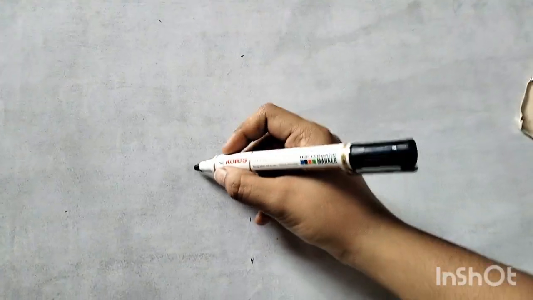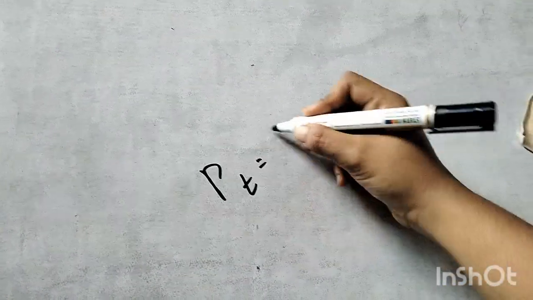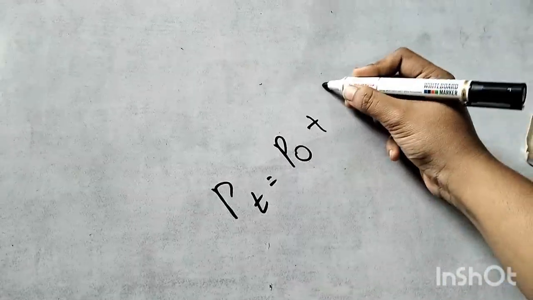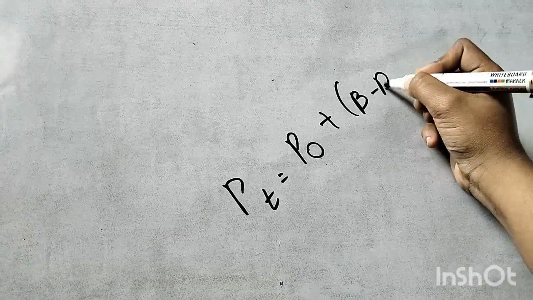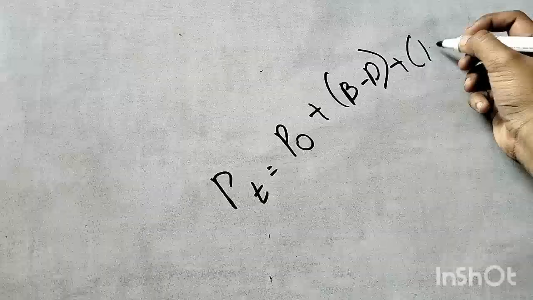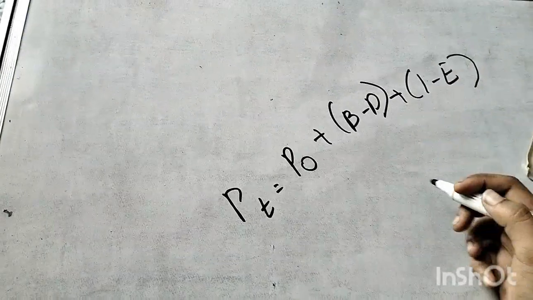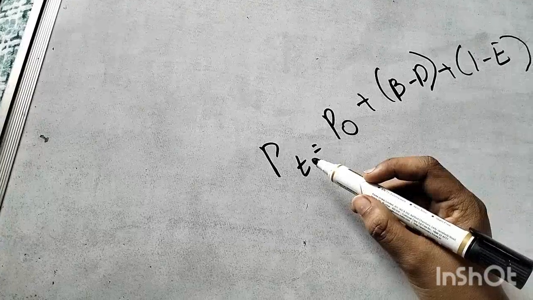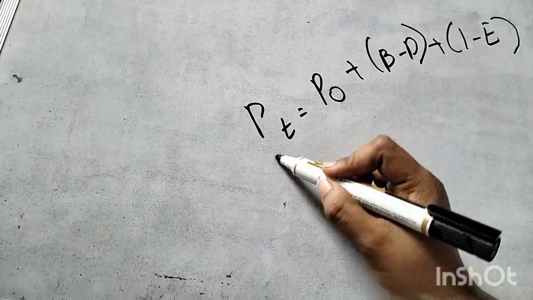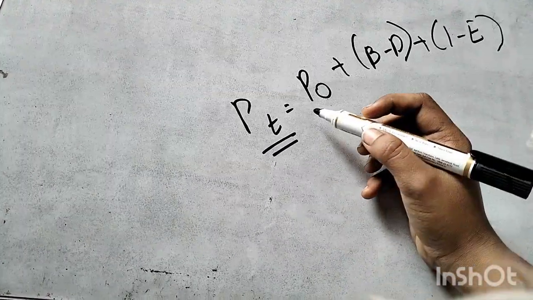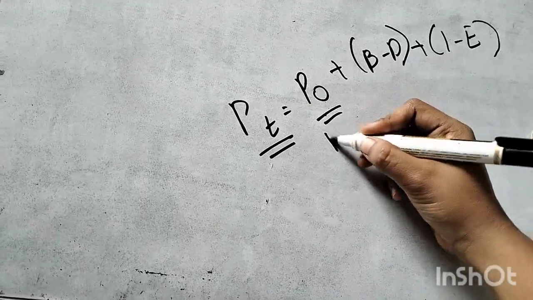So the formula, we'll just write the formula down. The formula is PT is equal to P naught plus birth minus death plus I minus E. PT is nothing but the estimate of population after time T. P naught is the population in the previous year.